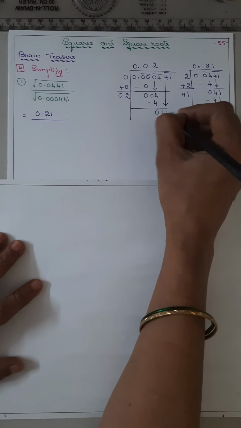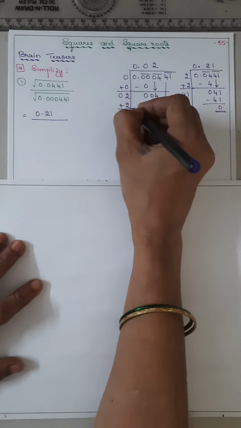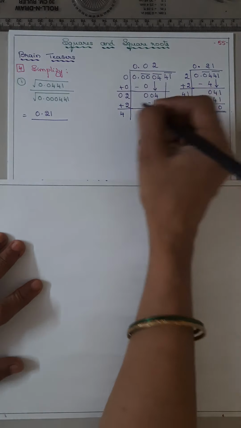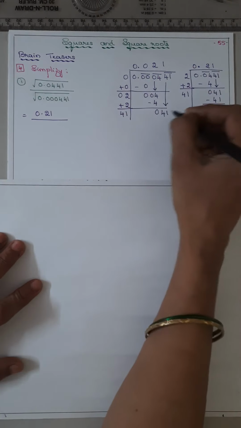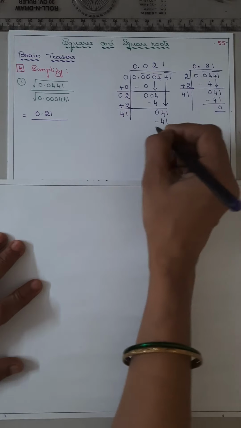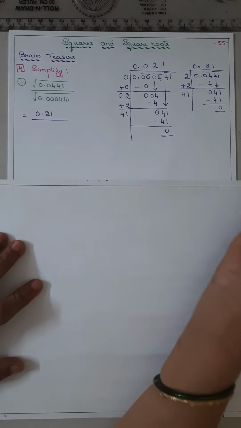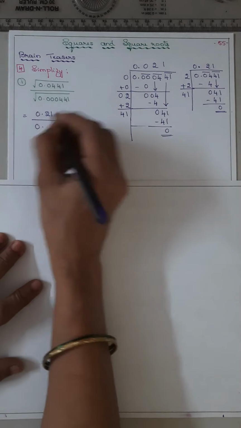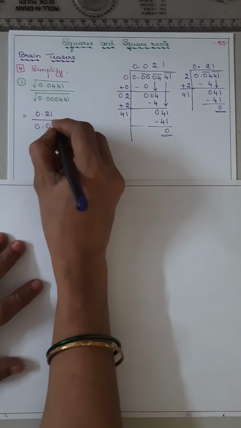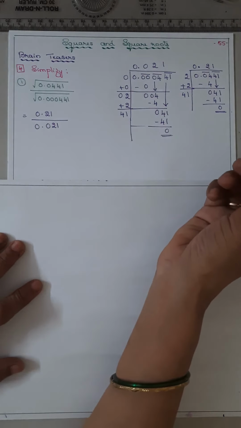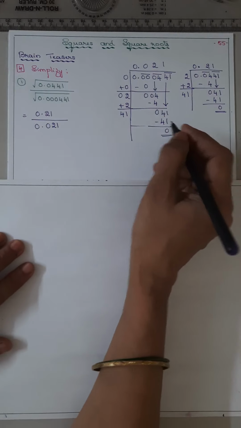Bring 41 down, add 2. 2 plus 2 is 4. 4 1s are 41. It is 0.021. Now we have to divide.